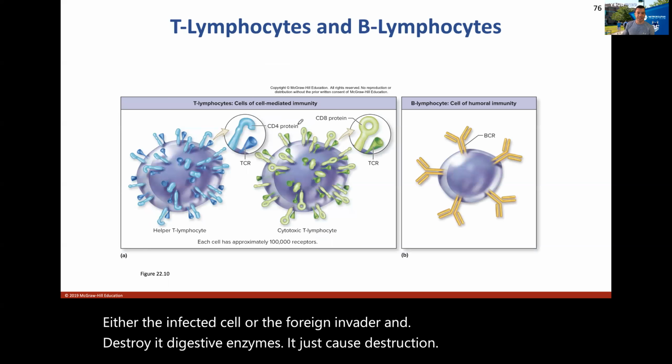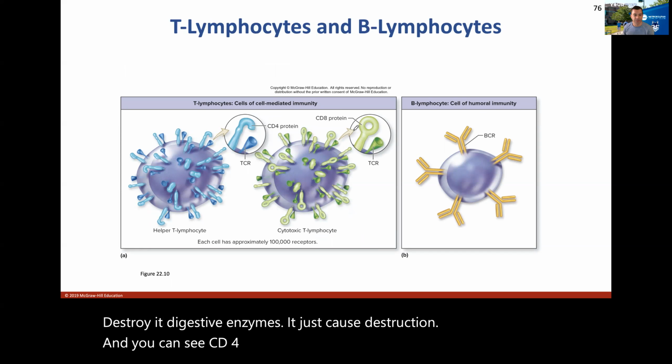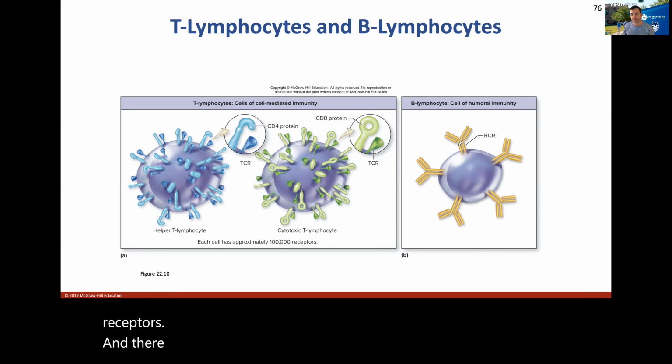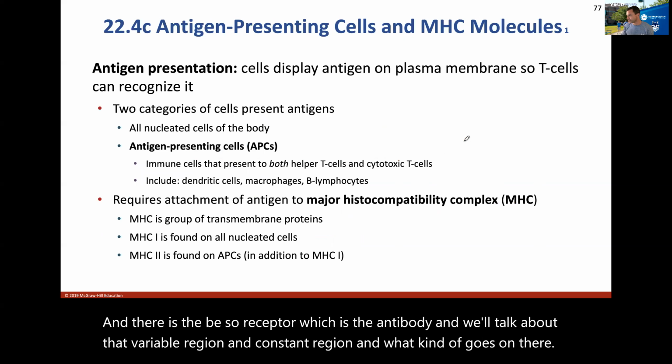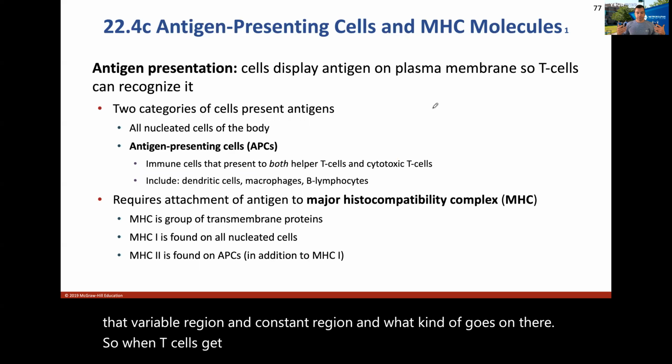And you can see CD4 and CD8 do have very specific types of receptors. And there's the B cell receptor, okay, which is the antibody. And we'll talk about that variable region, a constant region, and what goes on there. So when T cells get brought something, here it is.